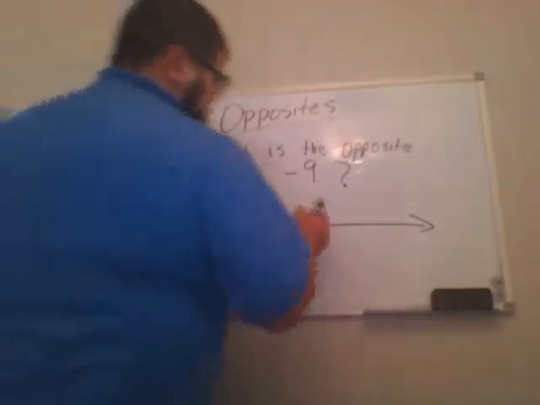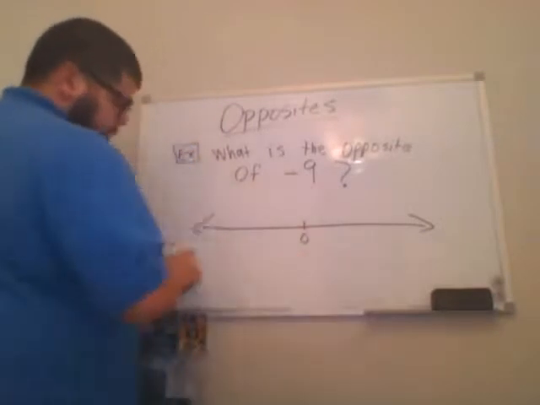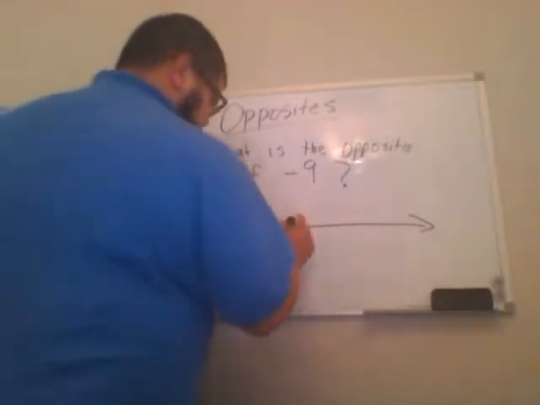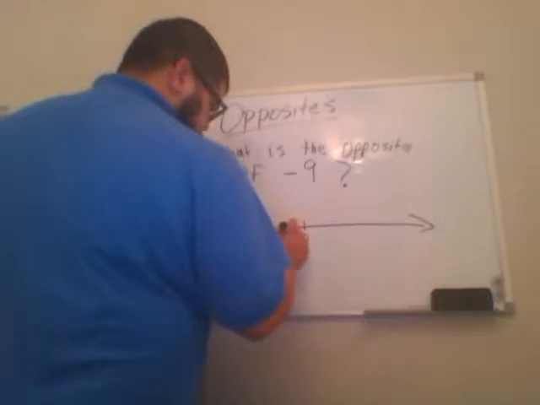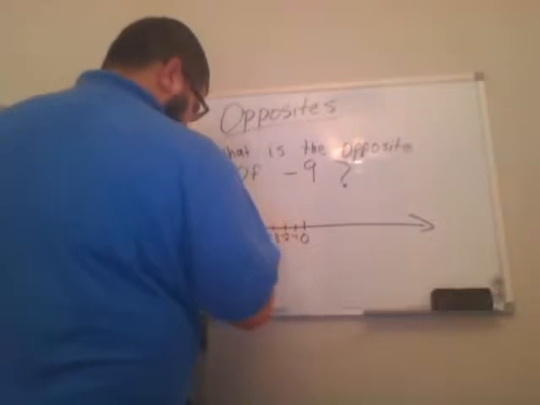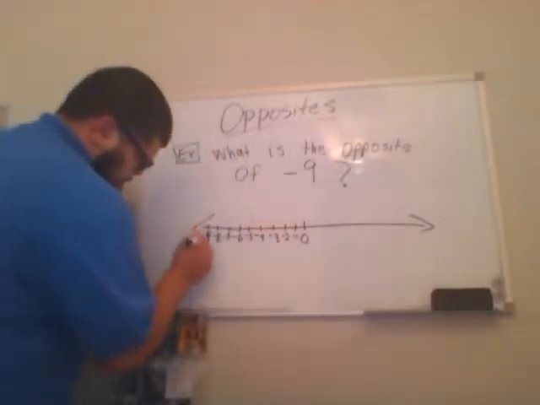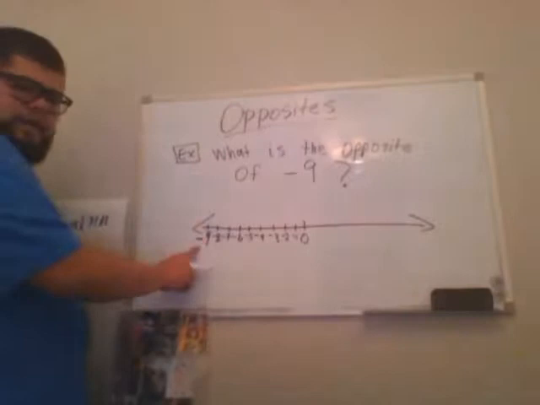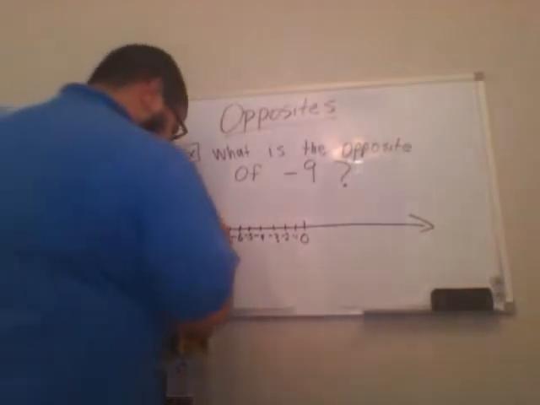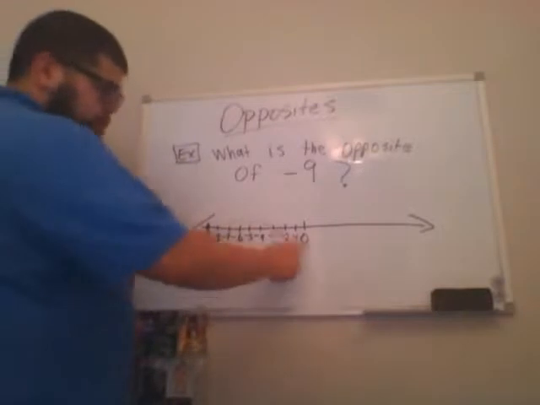Okay, here we go. So we're going to count to negative 9 from 0, right? We may have to extend this, we'll see. Negative 1, negative 2, negative 3, negative 4, negative 5, negative 6, negative 7, negative 8, negative 9. Okay, so we got negative 9, and we know we're 9 units away from 0.